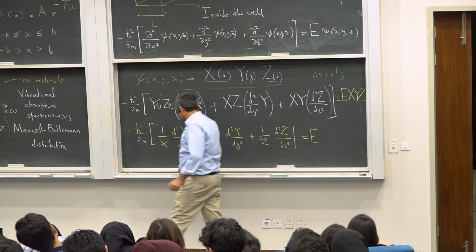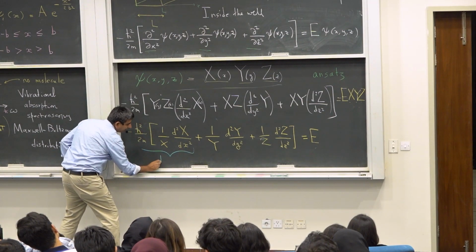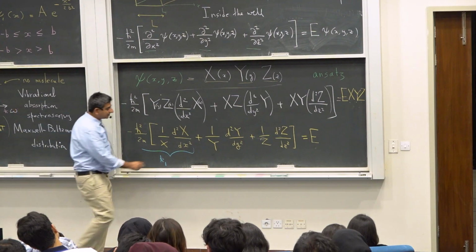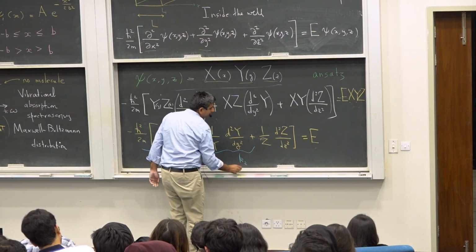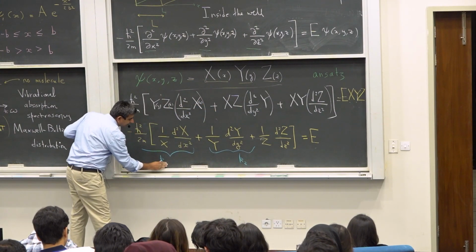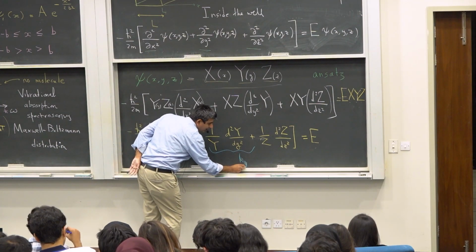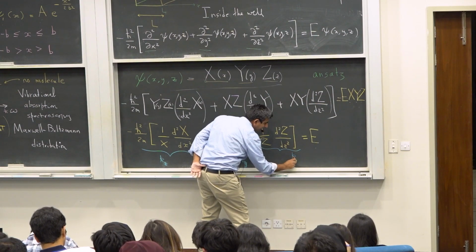So let's call this constant K1. Let's call this constant K2. Or let's call it Kx, Ky, Kz.